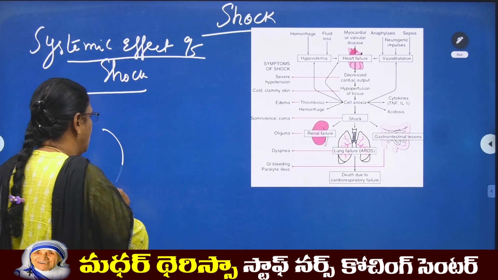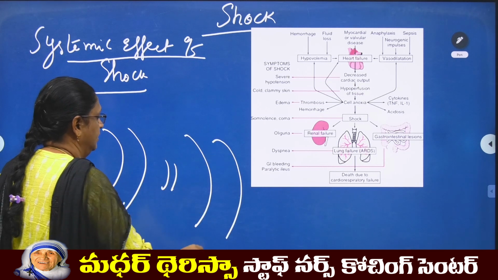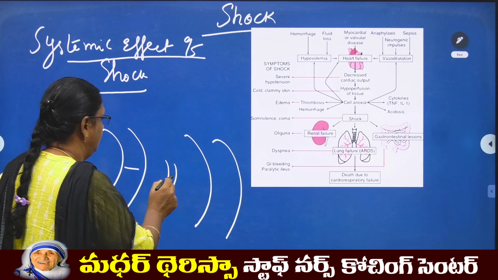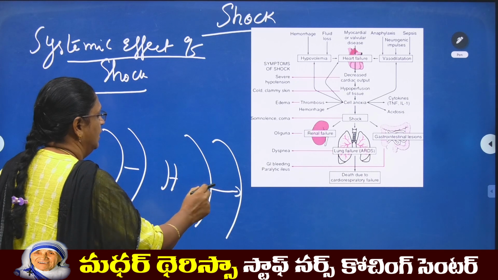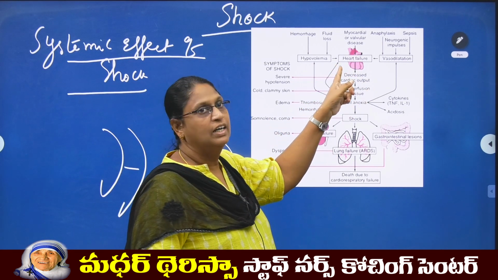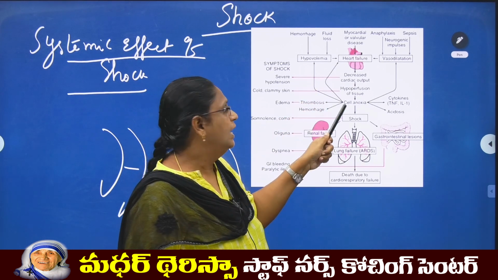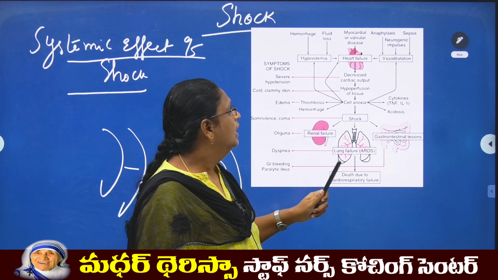We have seen normal artery, constricted artery, dilated artery, right? If you examine the space, you will understand this is vasodilation, then heart failure, decreased cardiac output, hypoperfusion, anoxia and shock.